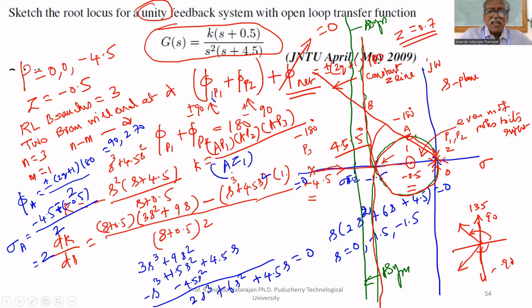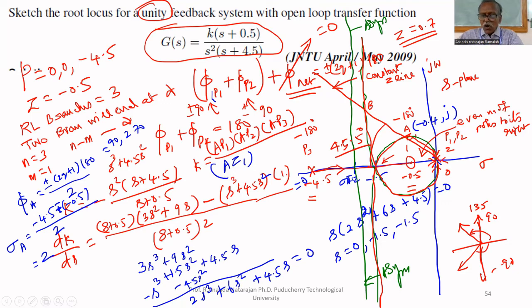If you draw graphically, you can find it. If you know the point A, you can analytically find it. The length AP1 you can calculate this way. Let us assume that the point A is minus 0.4, comma, plus j1.